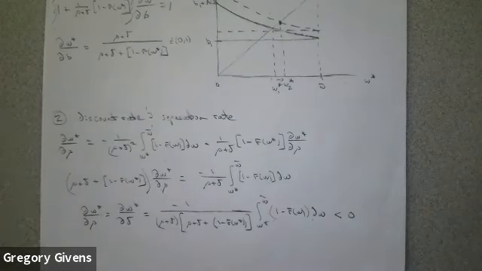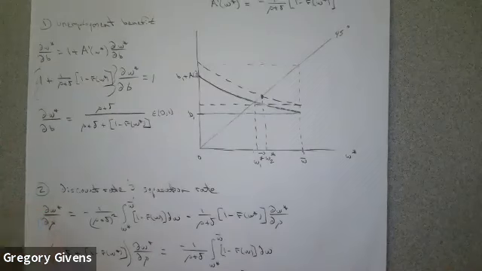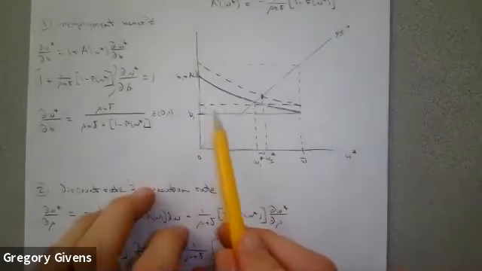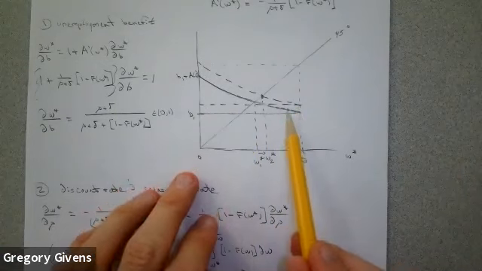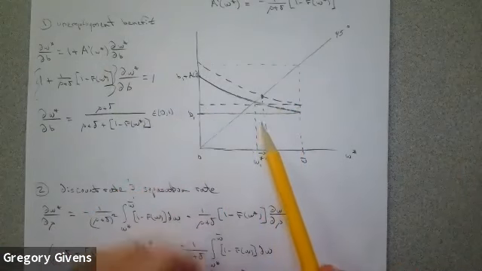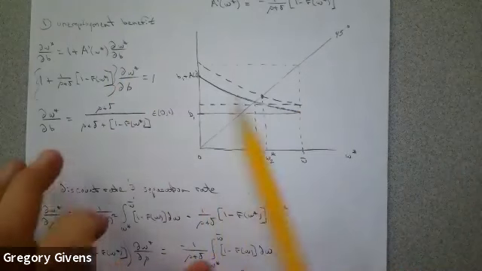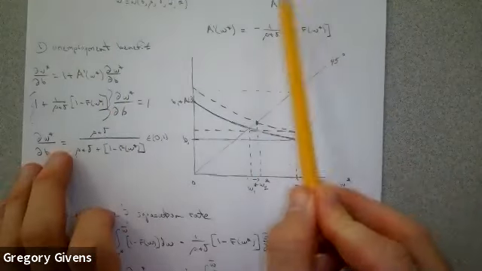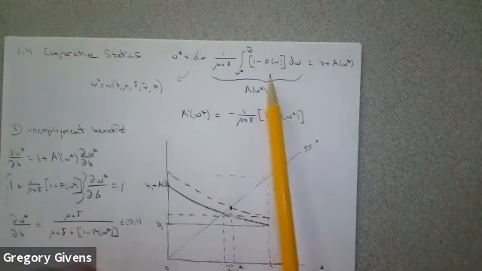Now, how does this show up graphically? Forget the dashed lines here. That was the comparative static with respect to the unemployment benefit. If the discount rate or the separation rate increase, what happens to the right-hand side of this equation that characterizes W star?